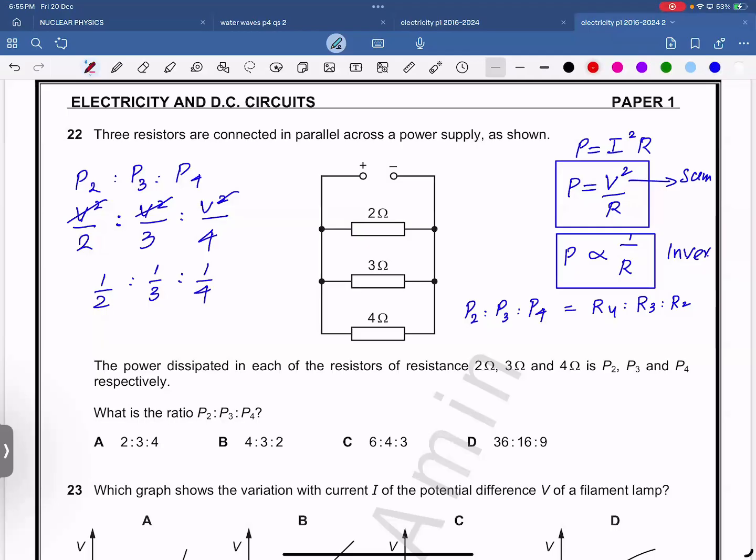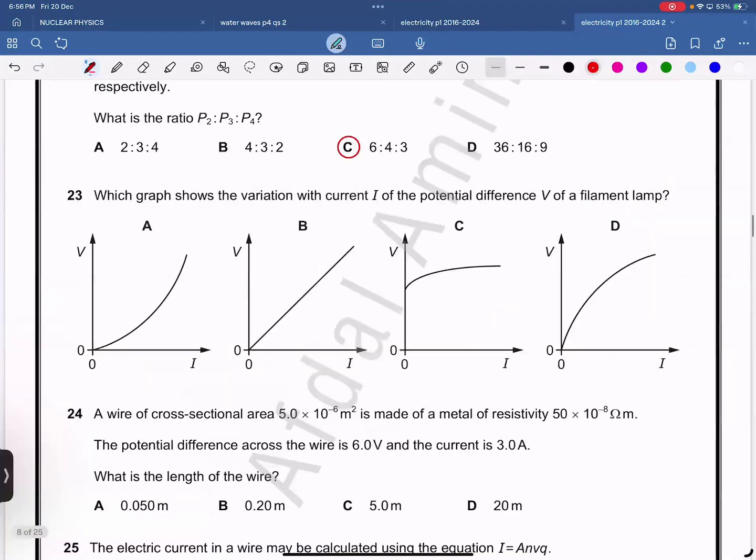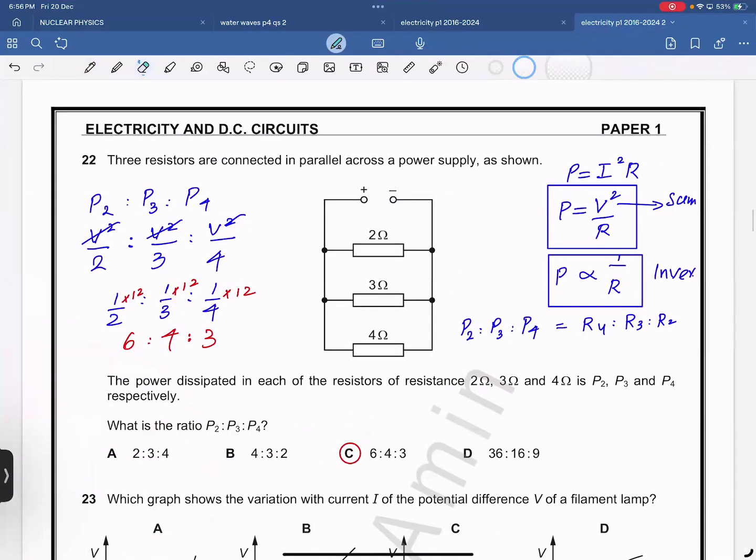Multiply all of them by a common multiple. What is their common multiple? 12. 12 over 2 is 6, 12 over 3 is 4, 12 over 4 is 3. So 6, 4, 3. Option C. We just did it in front of you.